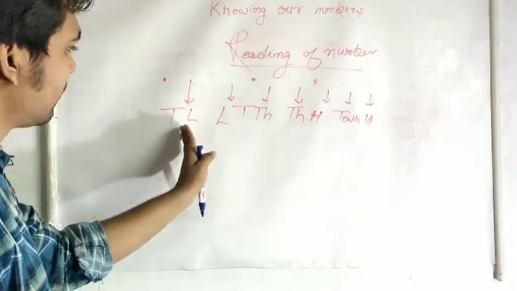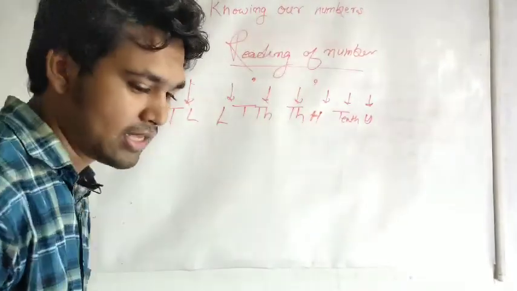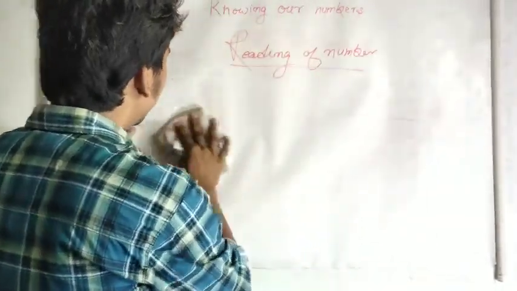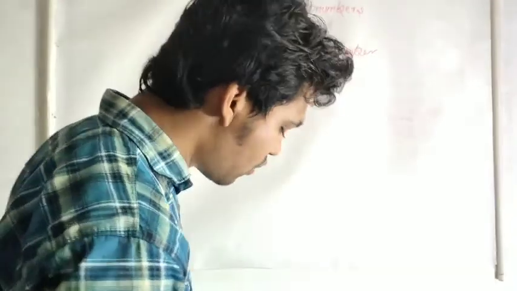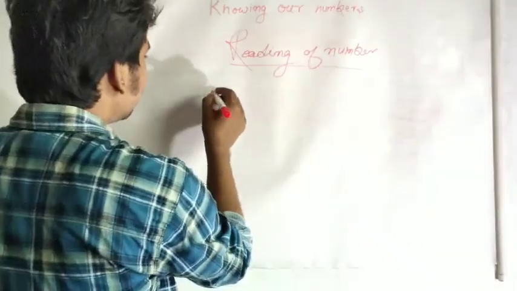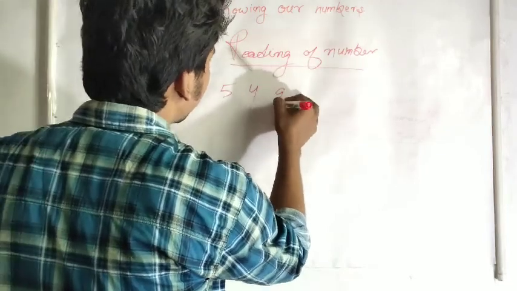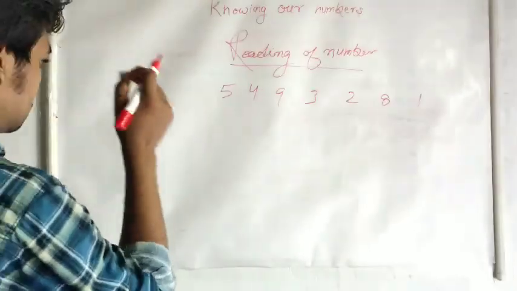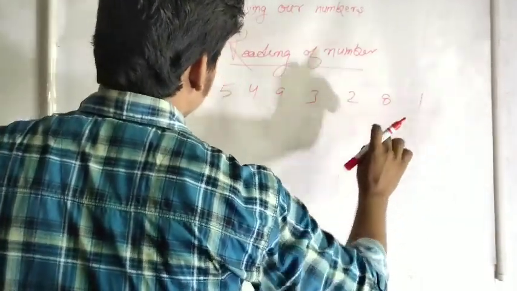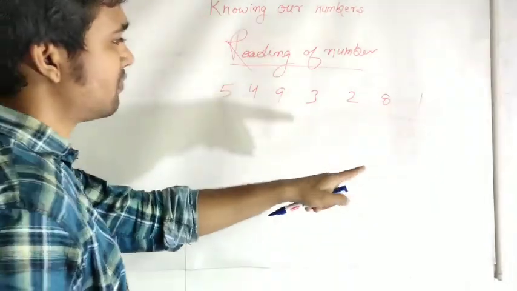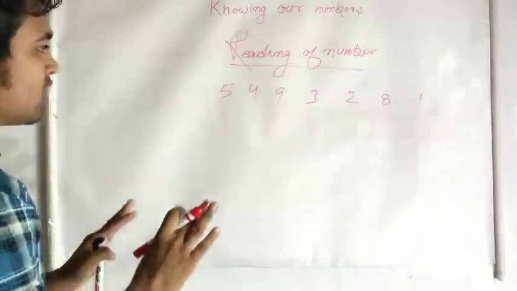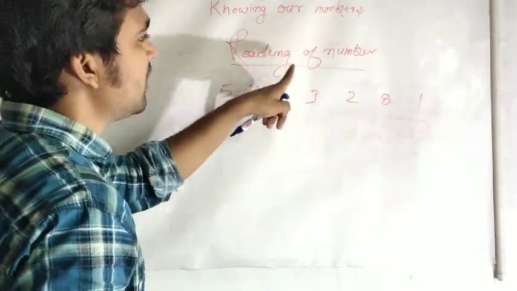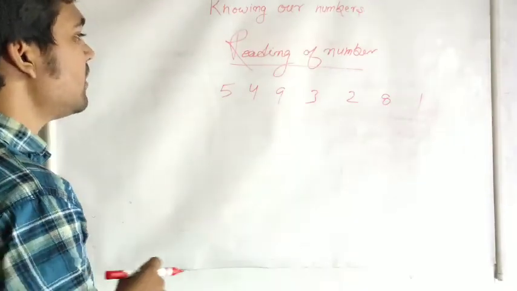We will understand it with the help of an example, and then we will find how we can read it easily. Here the number is 5493281. When we look at this number for the first time, we get confused about how to read it, but when we learn the method of reading numbers, we will easily be able to read.